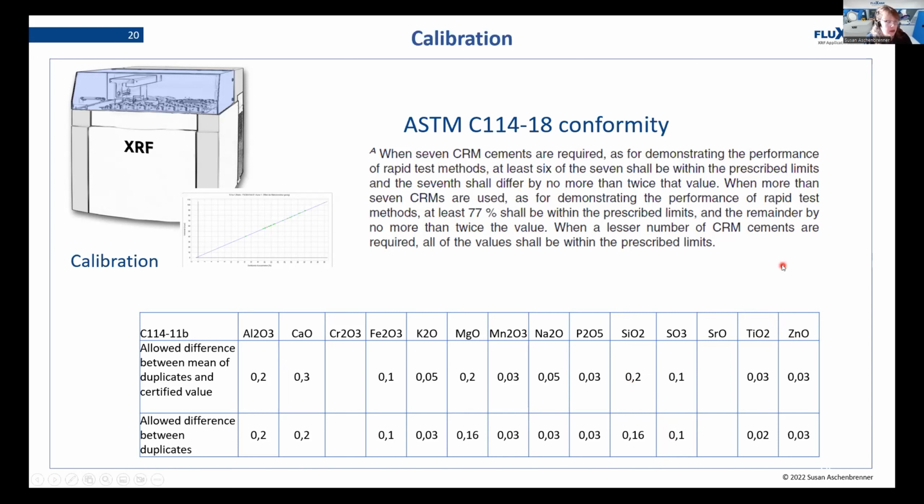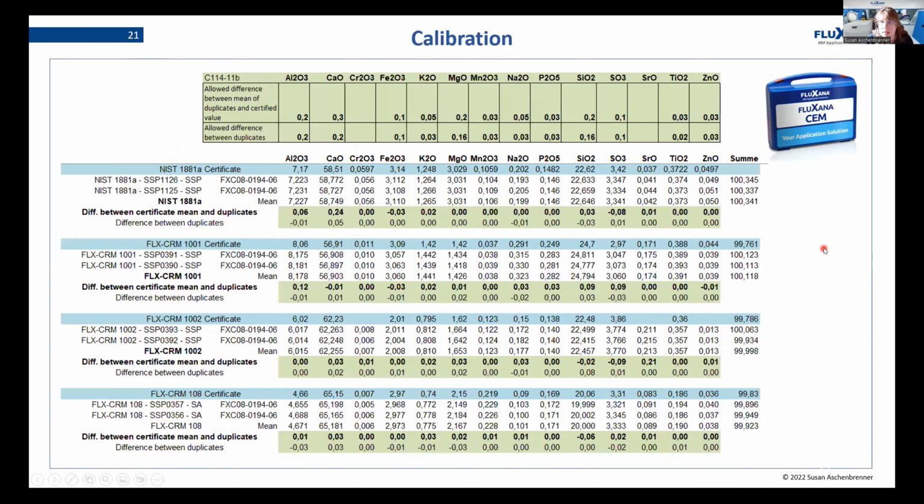Okay, so this is what we did for our calibration. And I guess these tables will look kind of familiar now. It's basically the same thing that we did to prove that the CRMs we are using are compatible to the NIST CRMs.